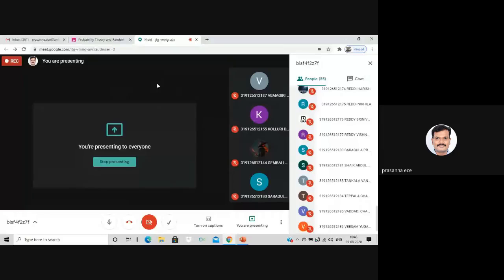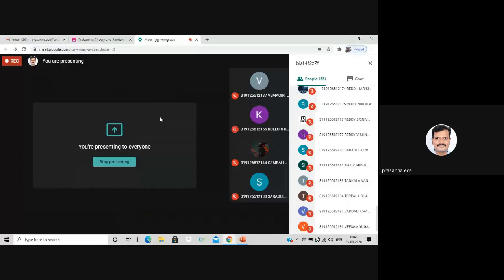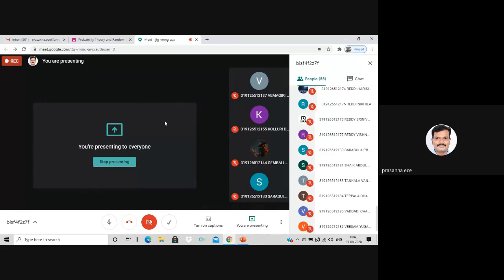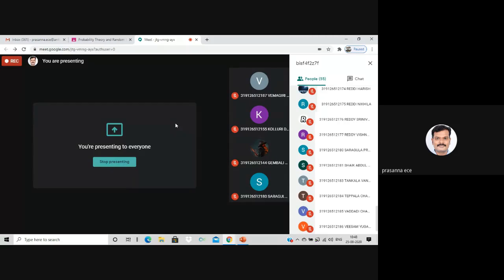Initially we were just concerned with outcomes and probabilities of those outcomes. Now we'll be dealing with random variables, where we assign some numbers to those outcomes and only deal with numbers. So this is just a brief overview of the first unit. The second unit will be the distribution and density functions and operations on one random variable.